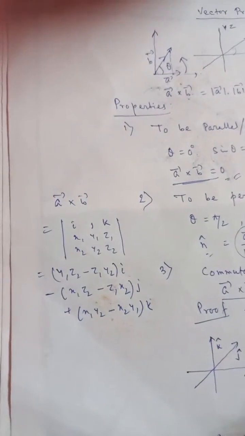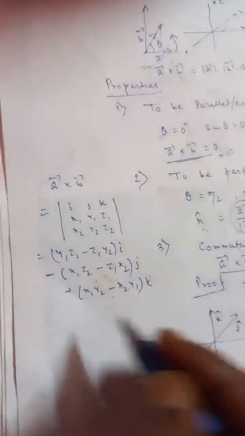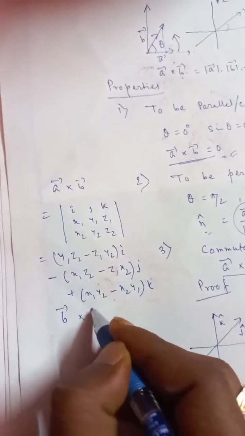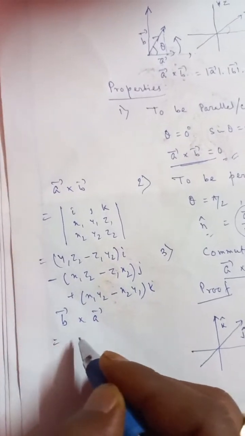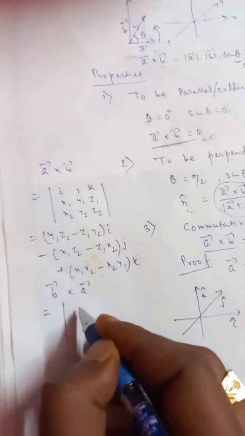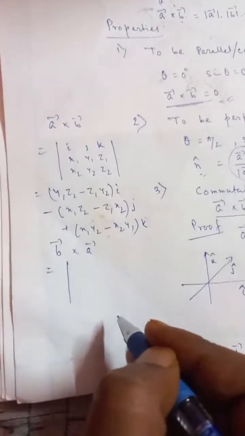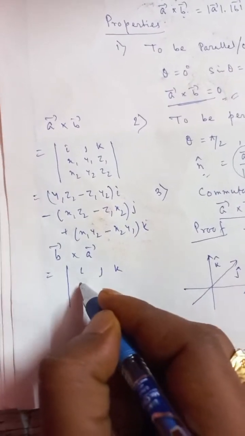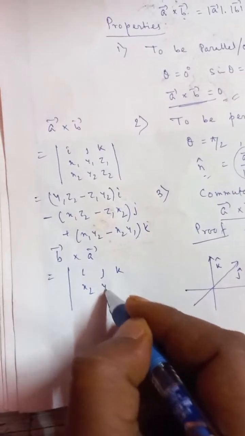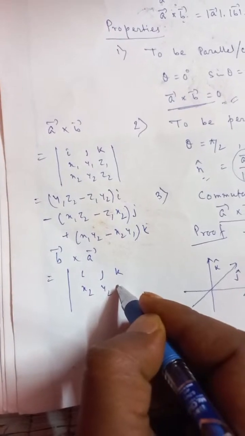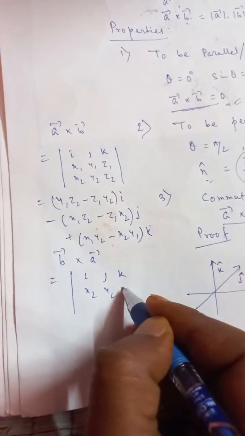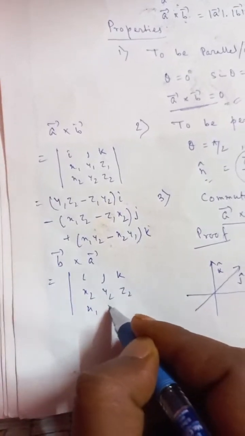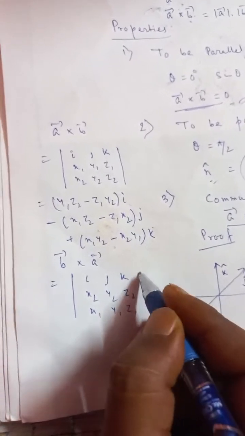So this is A vector cross B vector, and what will B vector cross A vector be? This will be the determinant with rows i j k, x2 y2 z2, x1 y1 z1.